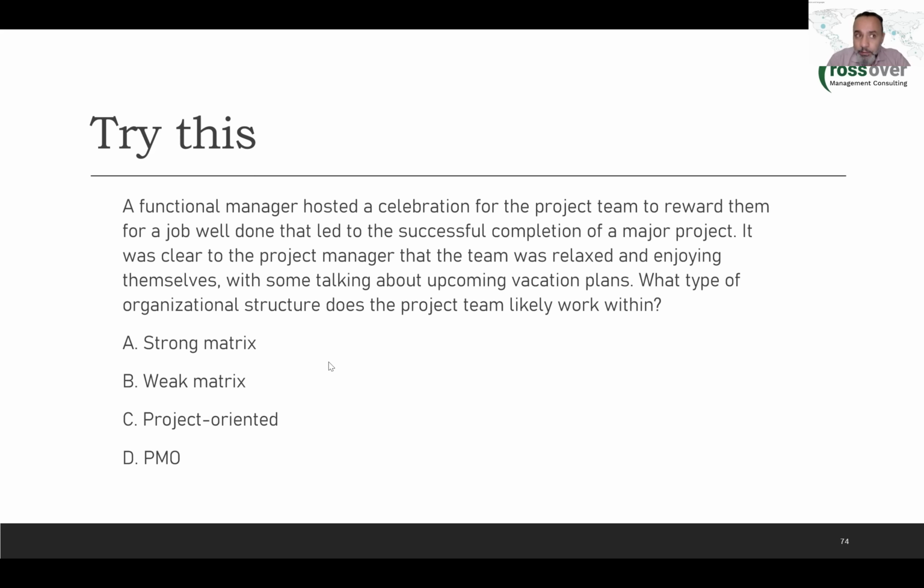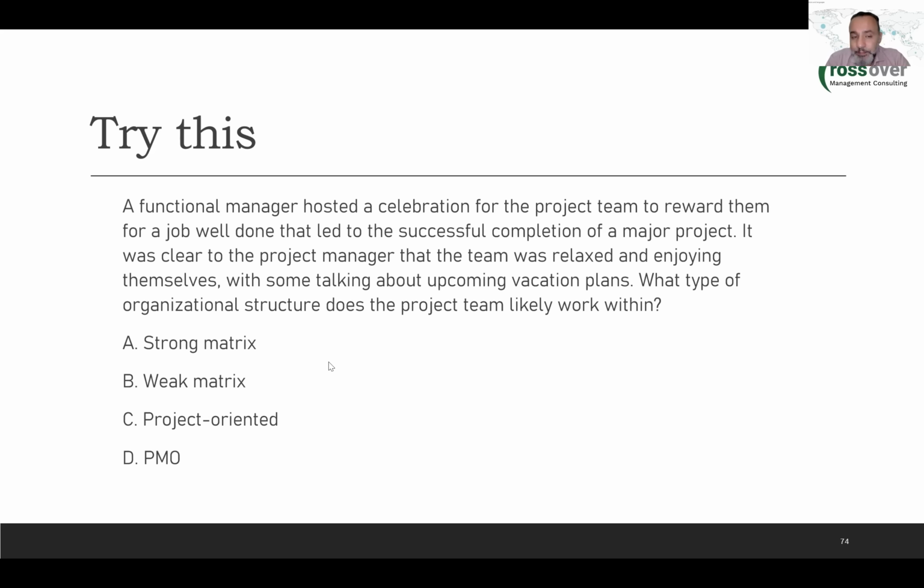Who brought the people together and is rewarding them? The functional manager, not the project manager, which means that the functional manager has higher level of authority, right? You also notice that the people are relaxed, enjoying their time. They are not concerned of losing their jobs, right?